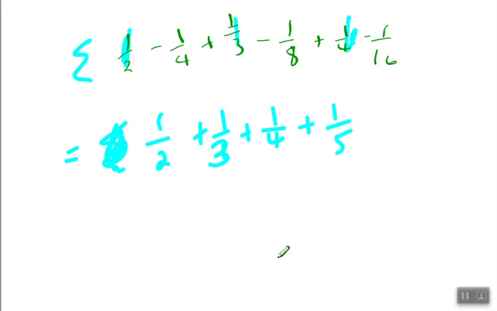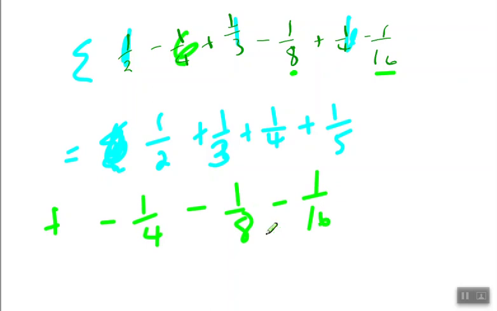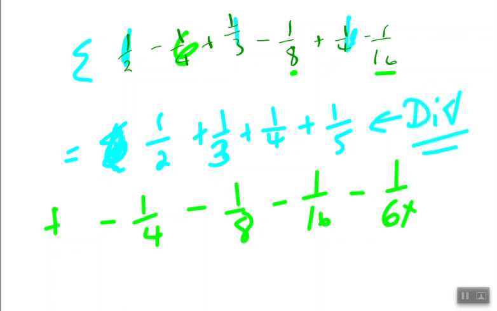And then the other ones, the negative values: plus negative 1/4, negative 1/8, negative 1/16, times 4 times 4, negative 1/64. But we know that this thing right here diverges. All I did is regroup them.